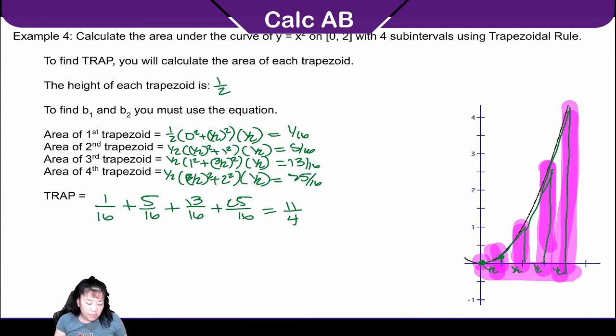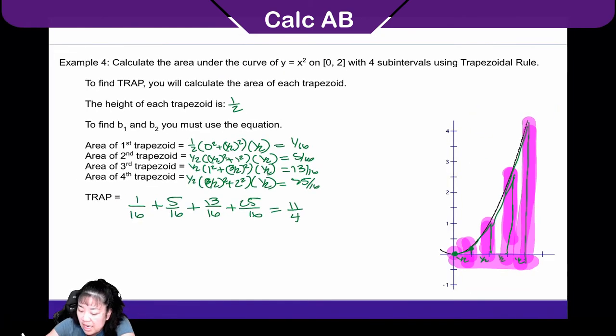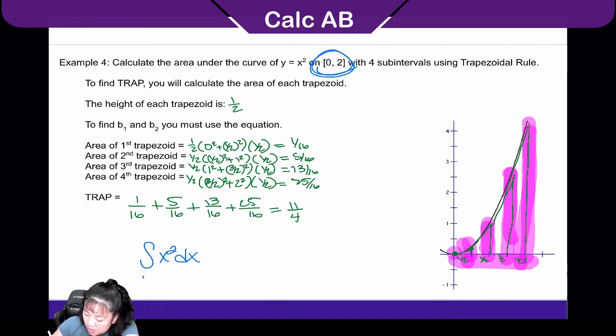And what I told you before is that I could have done this by finding the exact. Okay, so here's how we find the exact, and then we'll do this in the next section. To find the exact, we're going to take the antiderivative of x squared dx, going from my interval, which is from 0 to 2. So we find our antiderivative first, which is 1/3 x cubed.